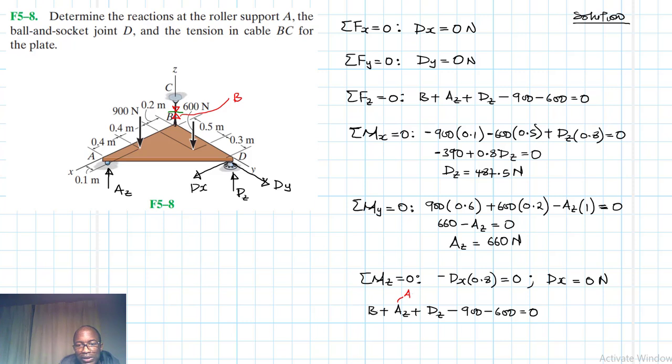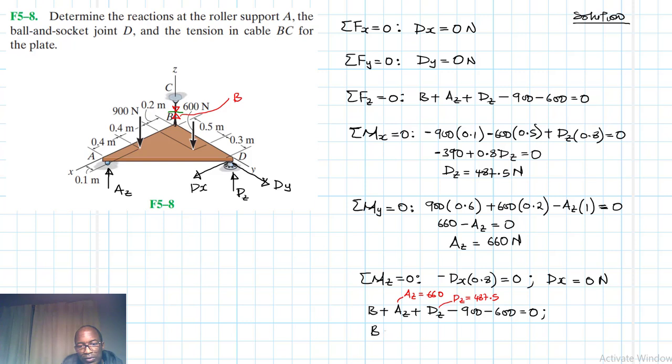AZ, we found as equal to 660, and we also found DZ, which is equal to 487.5.